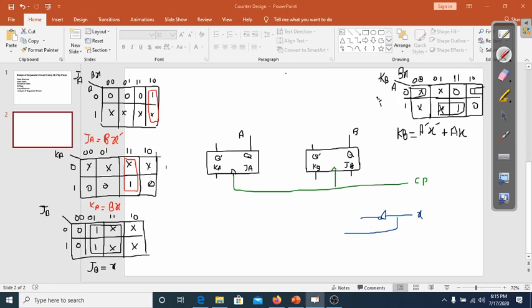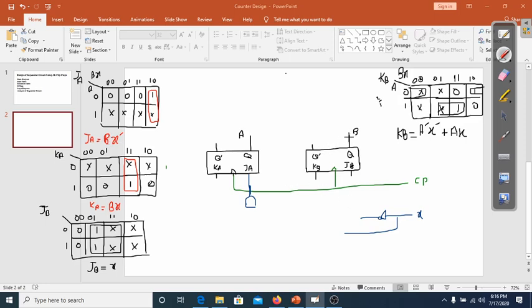And JA is equal to B into X complement. Here I will use an AND gate. This JA is B and with X complement.